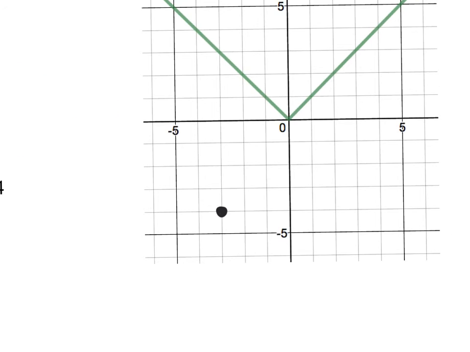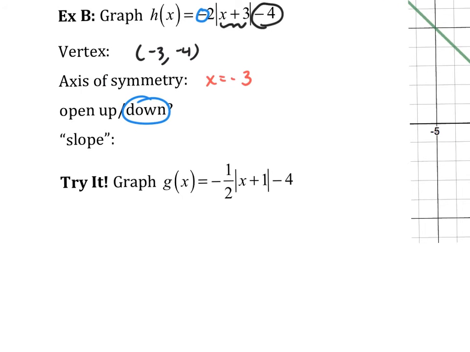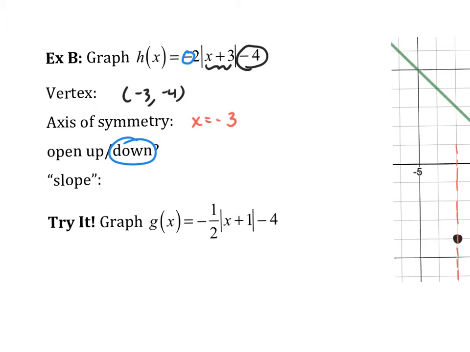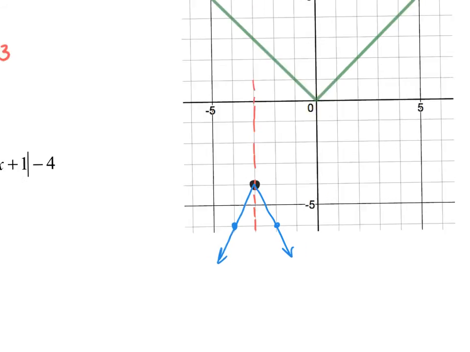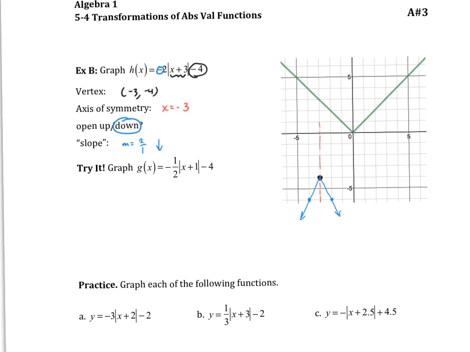So I can actually start graphing that vertical line. Okay, and my slope, of course, is just that 2. Remember, the slope is 2, which is 2 over 1, but I'm going in the downward direction. So now I go down 2, right 1, down 2, left 1, etc. So it's this more sharp, more acute angle that's been flipped upside down there.